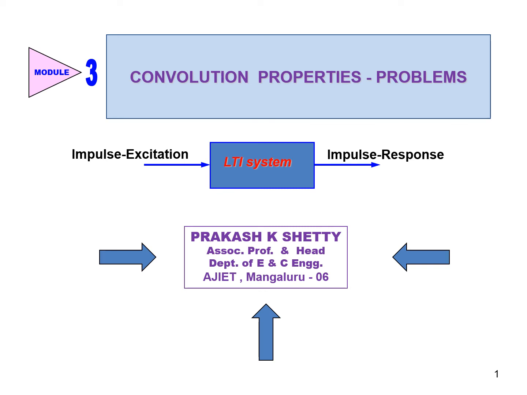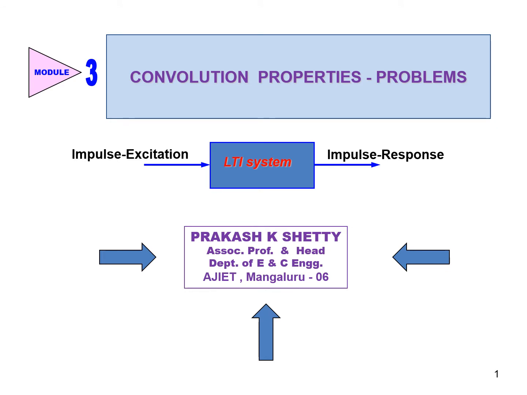In the last two videos of today, we studied two important concepts. In the first video, we studied convolution properties, theoretical concepts. That is, we studied the commutative property, distributive property, and associative property of convolution operation, both for continuous time and discrete time systems.